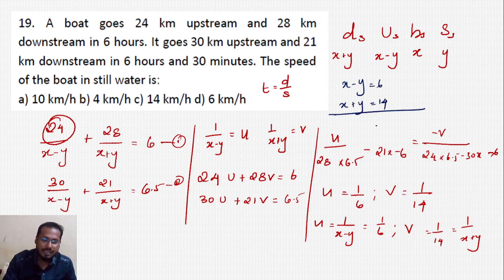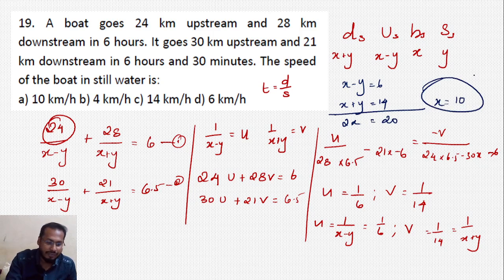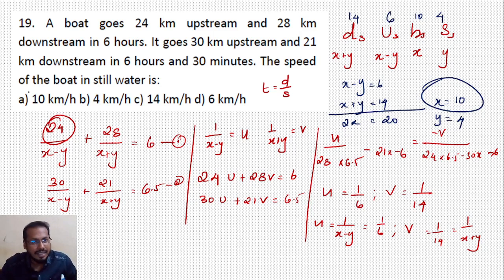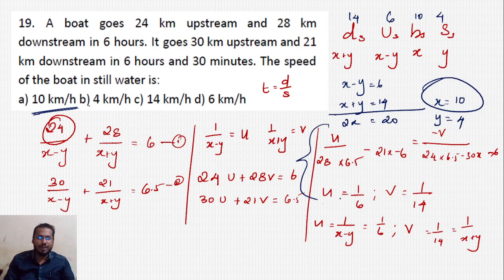If you add these, you will get 2x equal to 20, so x is equal to 10, and y is equal to 4. 10 plus 4 is 14 and 10 minus 4 is 6. What is asked? The speed of the boat in still water, that is 10 km per hour, the right answer. You just need to solve these equations and you will get the answer.